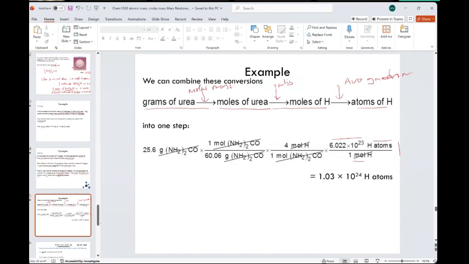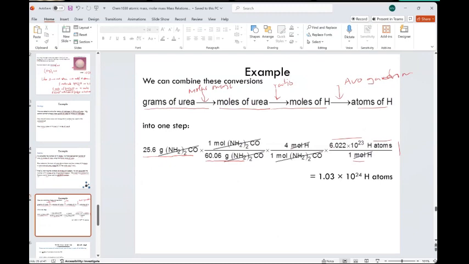So what is given? 25.6 gram of urea, and the molar mass of urea, 60.06 gram. This problem is actually using the dimensional analysis that we learned before. The use of it is to help you calculate a multi-step process in a single step.